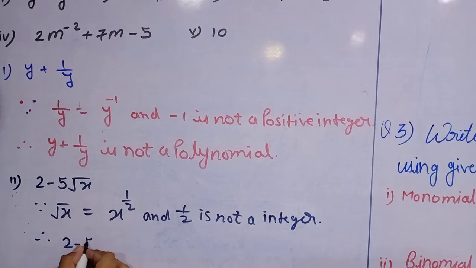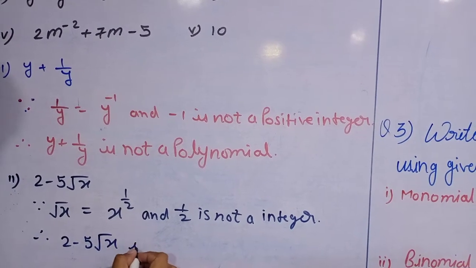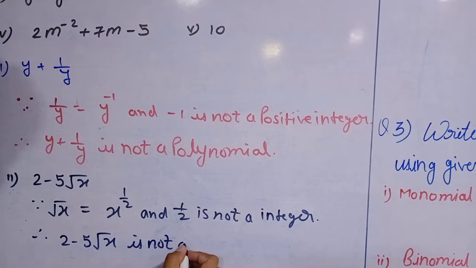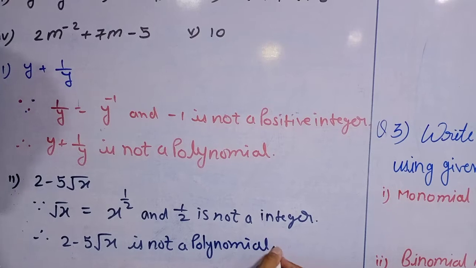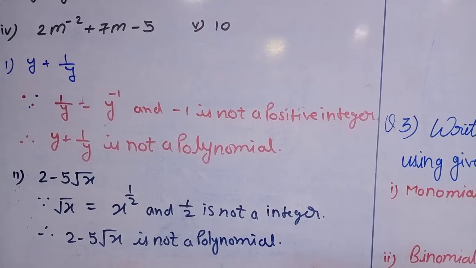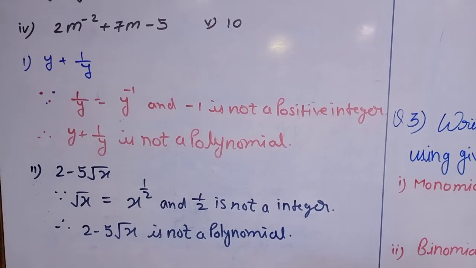Therefore 2 minus 5 root x is not a polynomial. Yes.